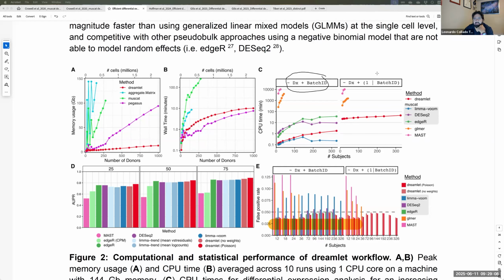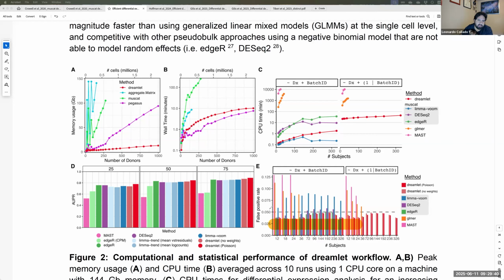And they're comparing that to a scenario where you model batch ID as a mixed effect model. So that's as a random effect, random intercept in this case, to be more specific. And so dreamlet, shown in red, has a low compute time. It's not as low as limma-voom, but it gets low.